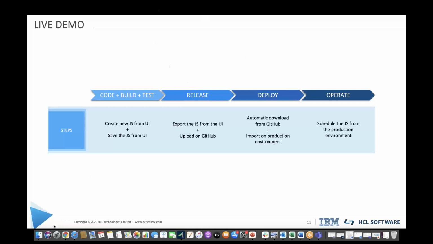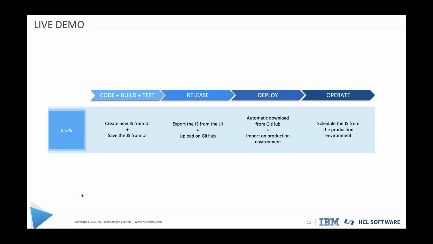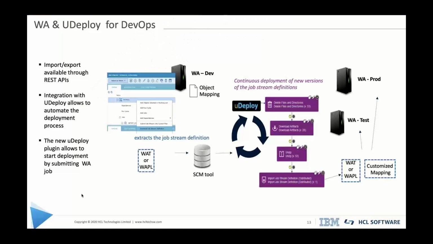Let me move my presentation. This is specifically if you have Urban Code Deploy in your environment and you want to use it to automate the deployment of your workload automation definitions.